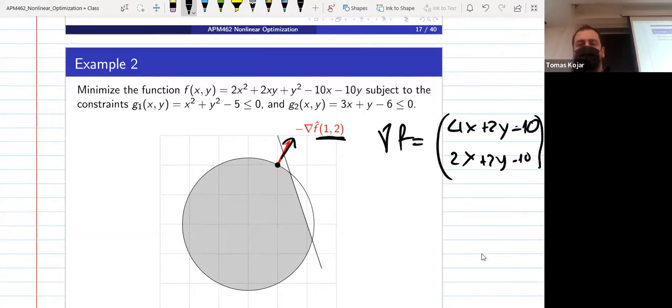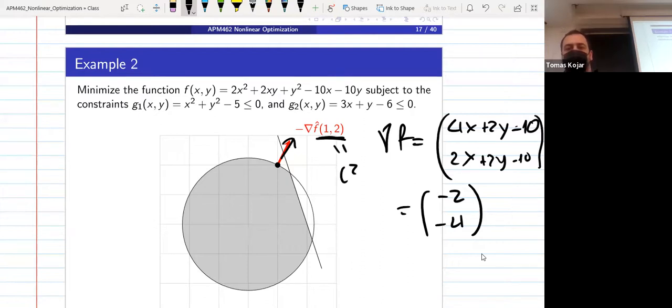I will give you the local min, and if you plug it in and do all the hard work, 4 plus 4 is 8 minus 2, 2 plus 4 is 6, so minus 4. Thank you. But if you take its minus, you get 2, 4, which is somewhere up here. So it points to it.